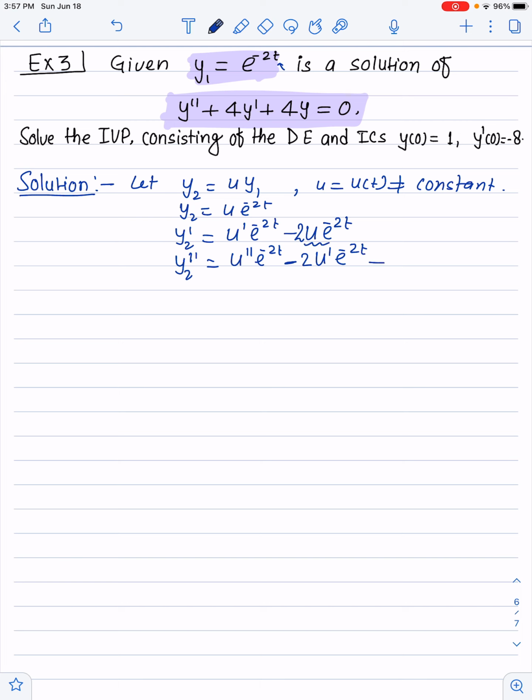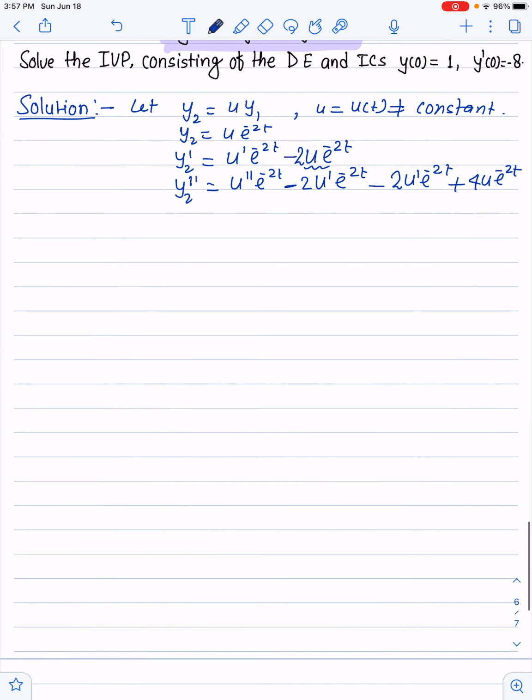Here we need to use the product rule: 2 times u prime e to the negative 2t, and negative negative will be positive, 4 u e to the negative 2t. Let's simplify it a little bit: negative 4 u prime e to the negative 2t plus 4 u e to the negative 2t. This is y2 double prime.